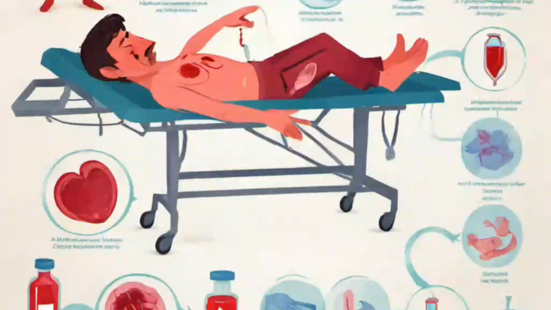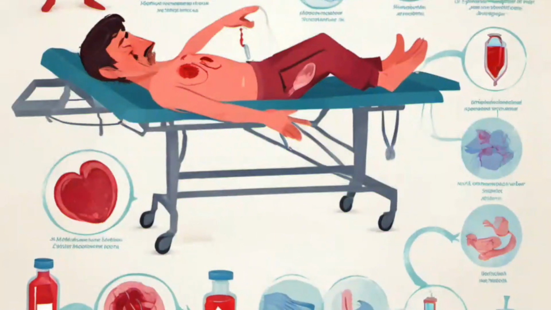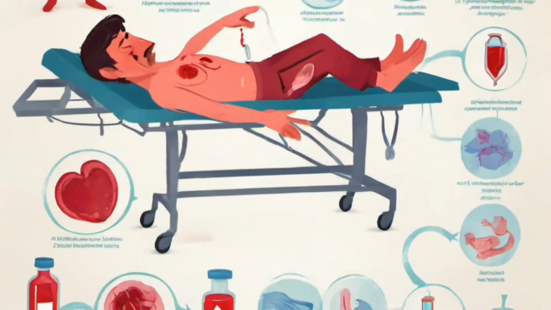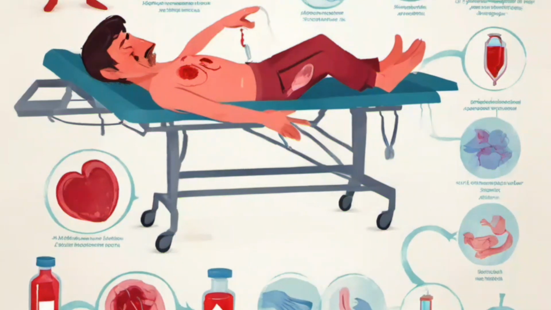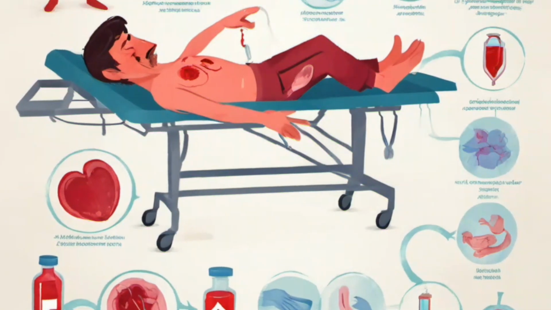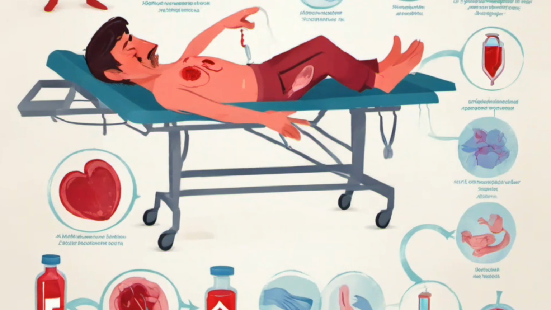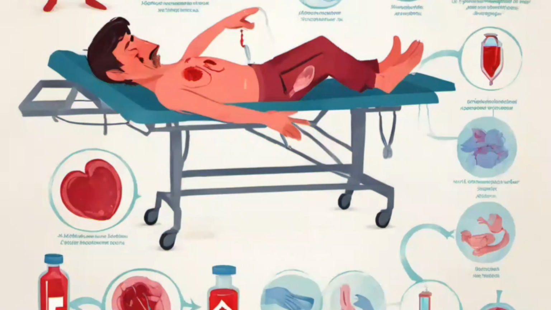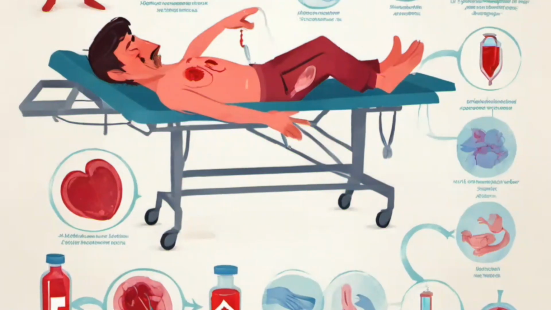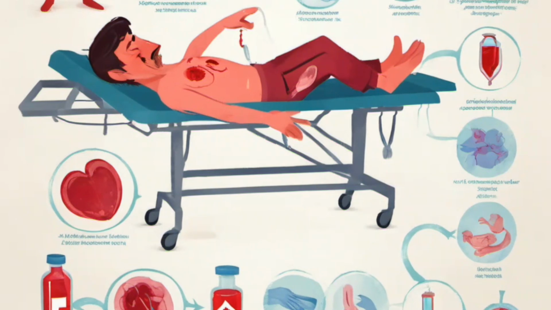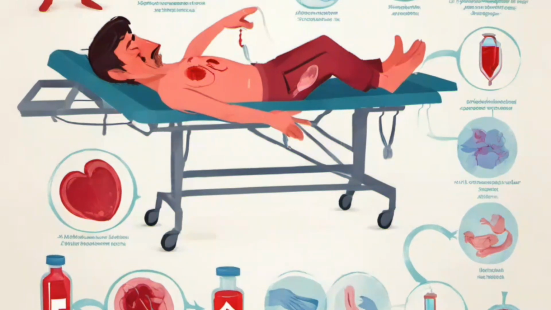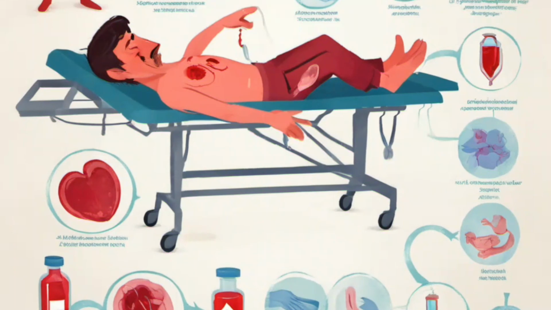Coagulation disorders. Patients with clotting disorders like hemophilia or liver disease may receive FFP or cryoprecipitate to improve clotting factor levels. Bone marrow disorders. Leukemia, lymphoma, and other bone marrow disorders may lead to low blood cell counts, necessitating transfusions to support treatment and improve quality of life.